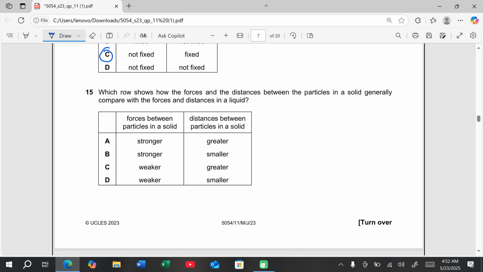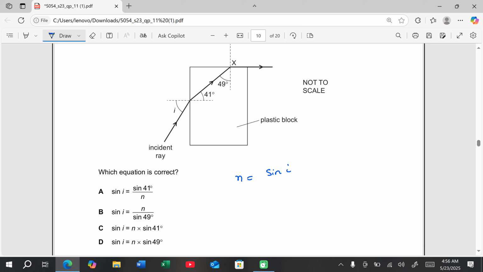So now in question 21 it says n is equal to sine of i over sine of r, right? So as you can see, the angle of incidence is not given, but the angle of refraction is given.